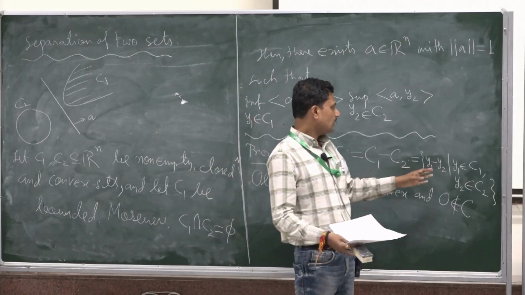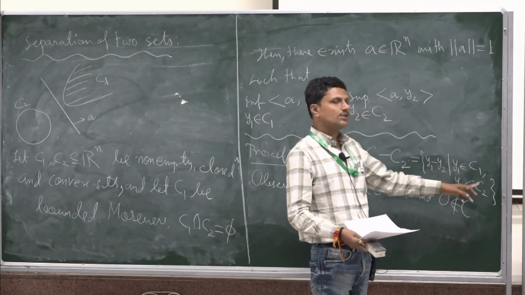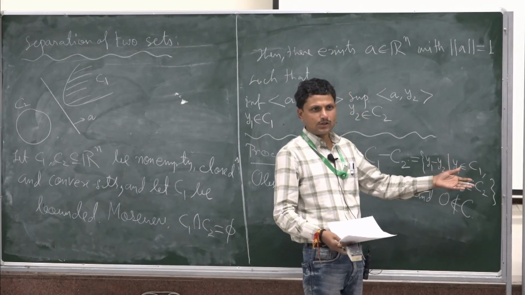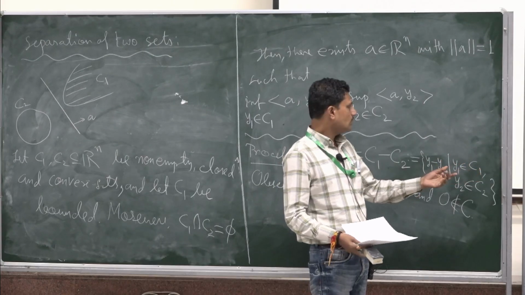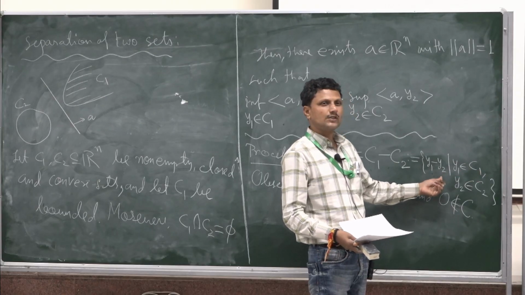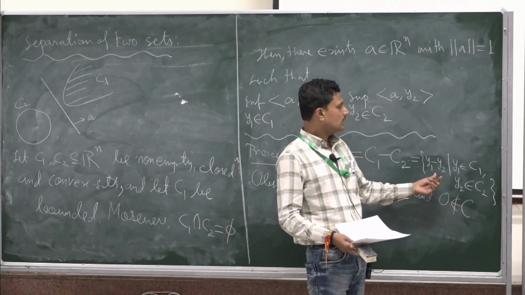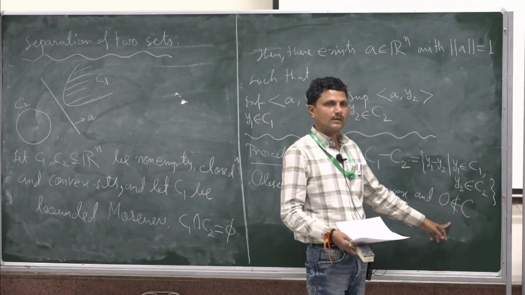And what is y1? y1 is in C1 and y2 is in C2, and C1 intersection C2 is empty. So there will be no points which are common, right? So y1 is never equal to y2. So this will never become 0. So 0 is outside this set, right?